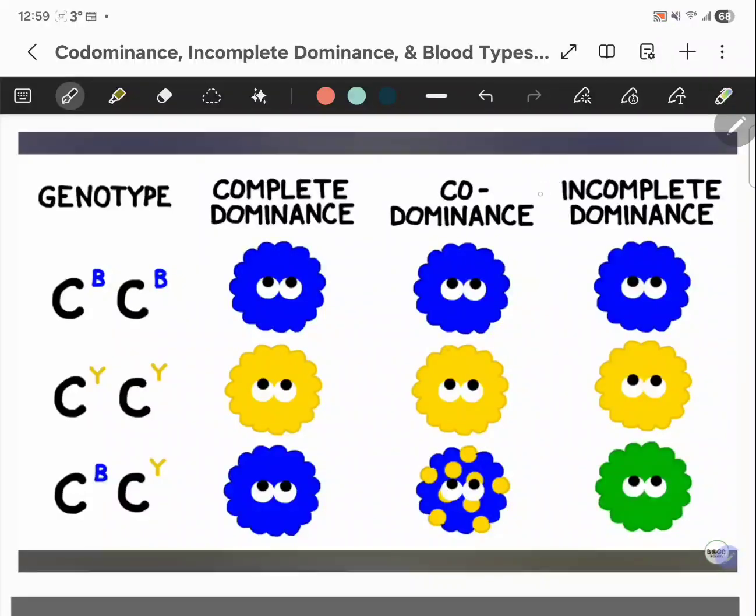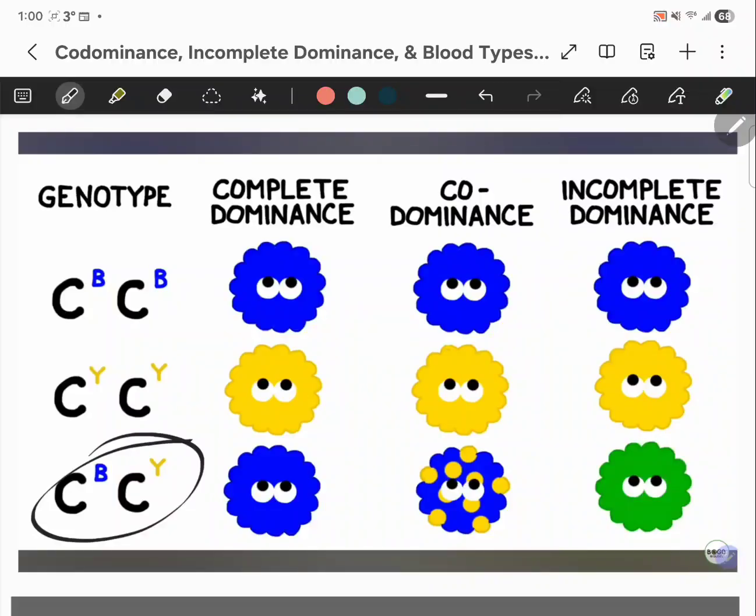Both of them are incompletely dominant, meaning neither one is dominant, so they mix together. In codominance, they're both fully expressed, just separately. But in incomplete dominance, since neither one is completely dominant, they just mix together. If you remember from art class, blue and yellow mixed together make green. So we get this green color whenever we have incomplete dominance.